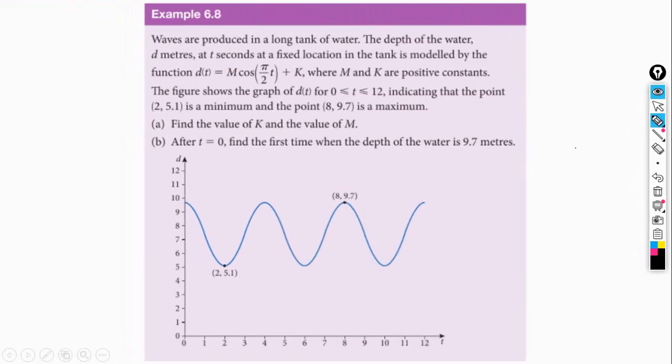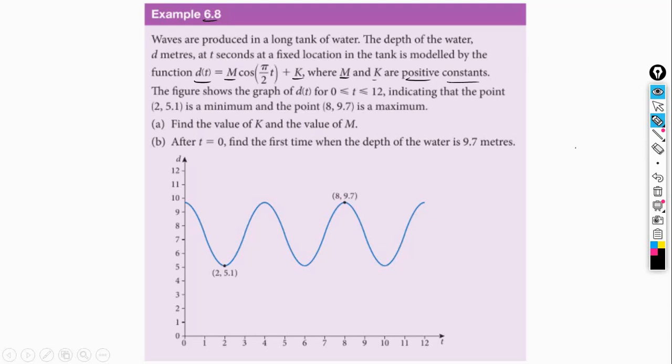So we continue with example 6.8, and it says, waves are produced in a long tank of water. The depth of the water, d meters, at t seconds at a fixed location in the tank is modeled by the function d of t equals m times cosine of pi halves times t plus k, where m and k are positive constants.